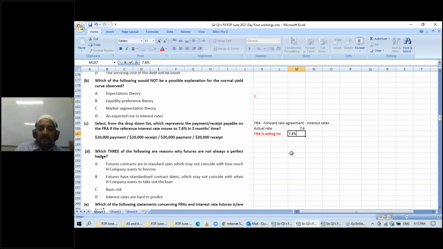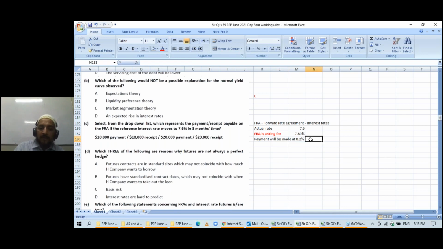So the FRA's rate is higher and you get at a lower rate. So you have to make a payment of 0.2%. You will have to pay. Bank will not pay you because the rate has remained below the guaranteed amount by them.